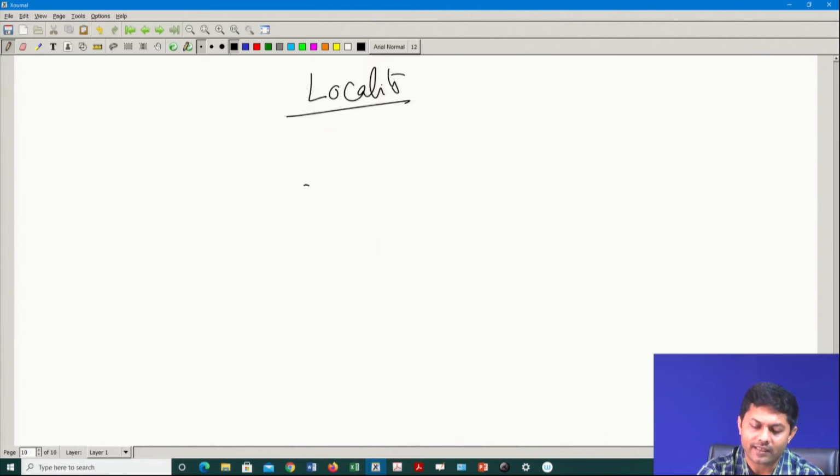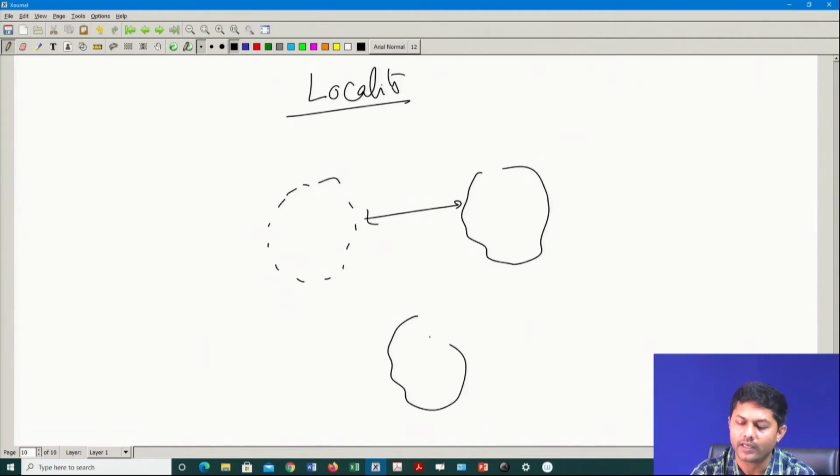Everything is like a cluster. People will be living in some areas, then there will be some gaps, maybe a small forest patch or some small region, then again there is some locality, again some locality, again some locality. This is how a city or village is built up, right.